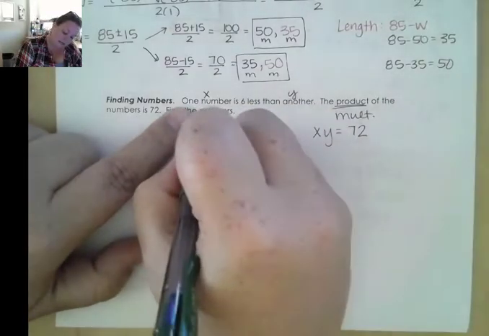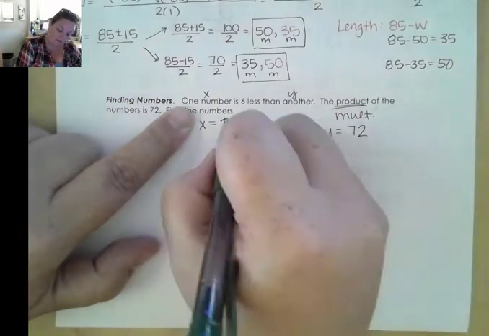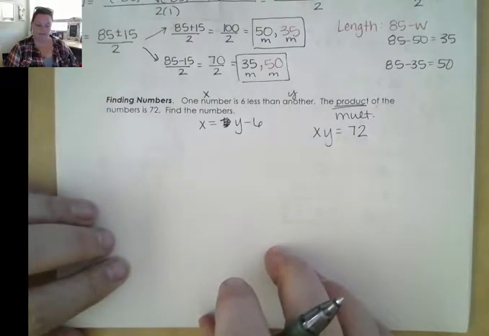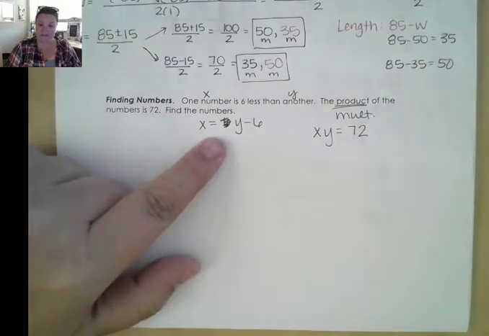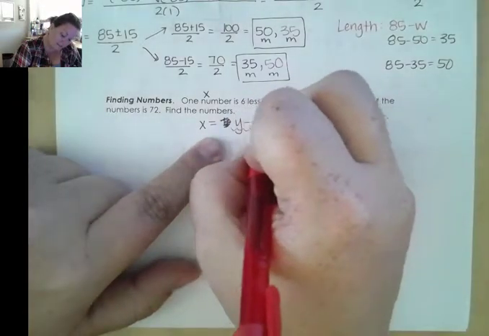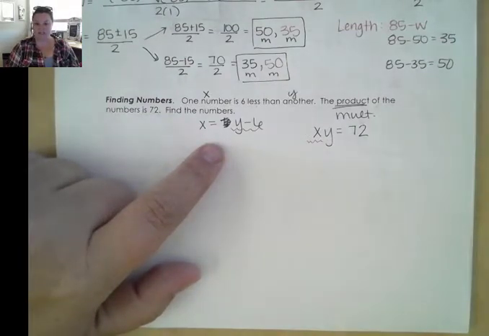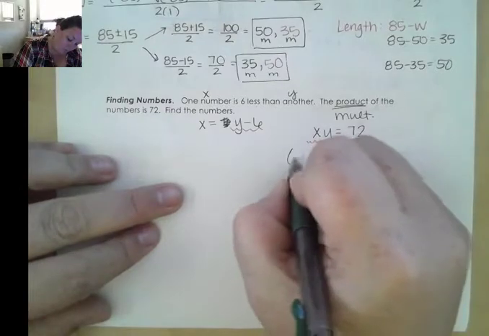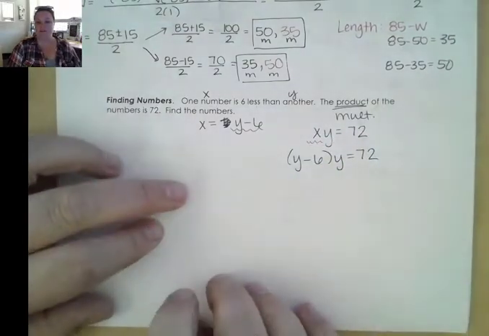Well, we could write that as x is equal to y minus 6, right? So now, just like this last one, we can take what we know x to be, which is y minus 6, and we can plug it in for x in our multiplication statement. So this means that y minus 6 times y equals 72.